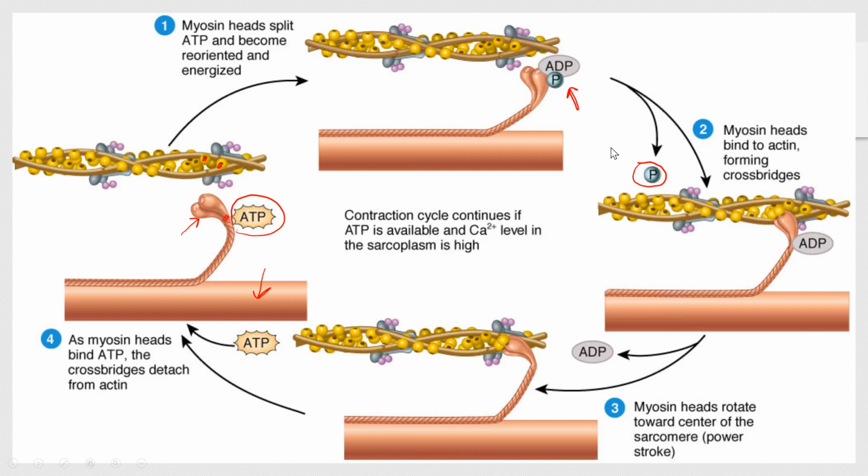Then it loses phosphate and it forms a cross bridge with actin. Then it loses ADP and it goes into power stroke. So it pulls actin towards the midline. Then new ATP attaches and we detach the cross bridge. So we can start all over.